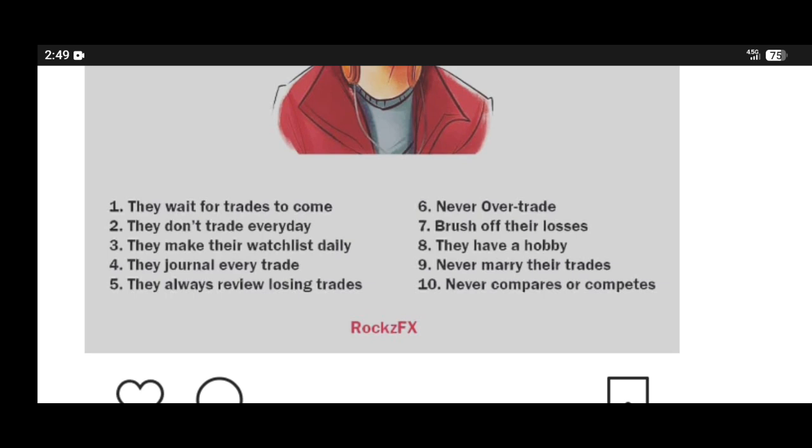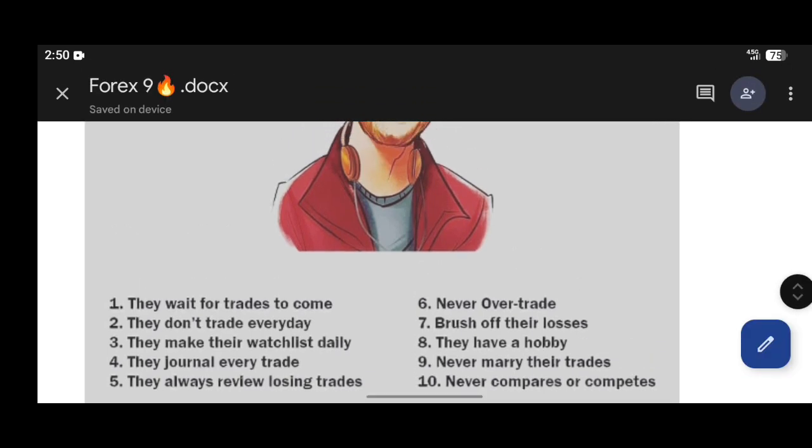Number 6, disciplined traders never overtrade. Number 7, disciplined traders brush off their losses. Number 8, they have a hobby. Number 9, disciplined traders never marry their trades. And number 10, disciplined traders never compare or compete. I get my point. So these are the things that disciplined traders do all the time.